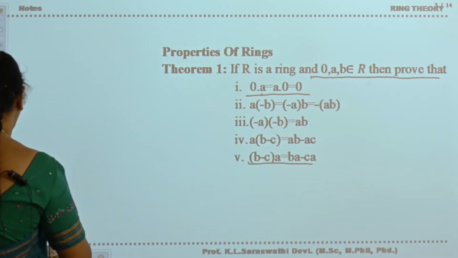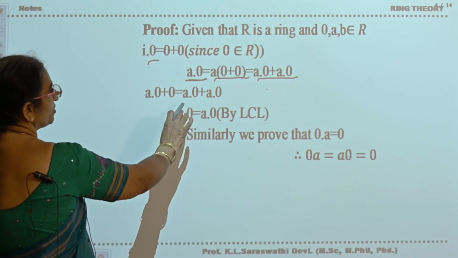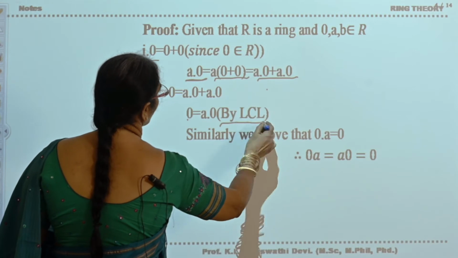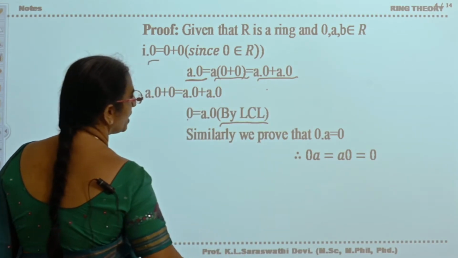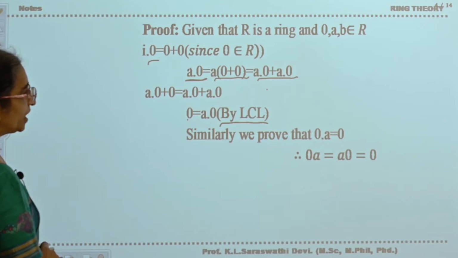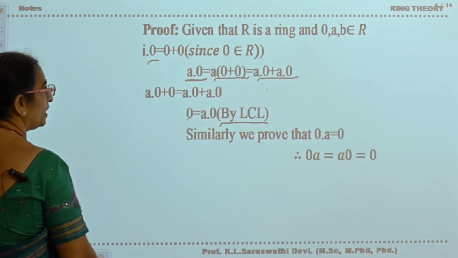That only you proved. Now, 0 + 0 = a·0 + a·0, so 0 = a·0 by the left cancellation law. Similarly, you can prove that 0·a = 0 by using the right cancellation law. Here you are using the left cancellation law.